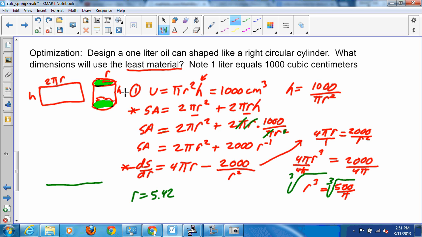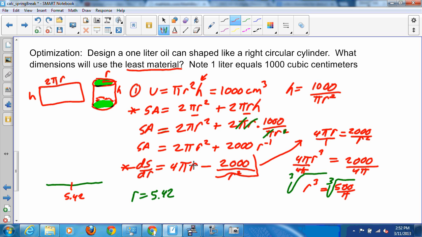But we know that the height is also equal to what? 1000 over pi r squared. Okay. And if we were to do an analysis on this, 5.42, of course we'd have to use the calculator on this, but we can approximate it, right?